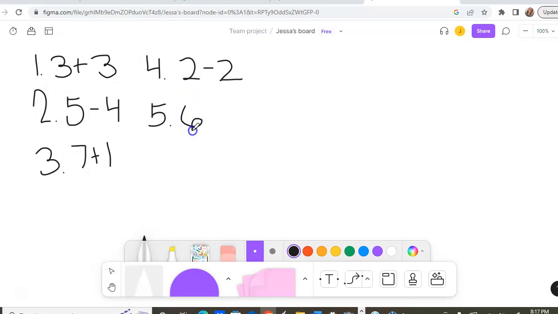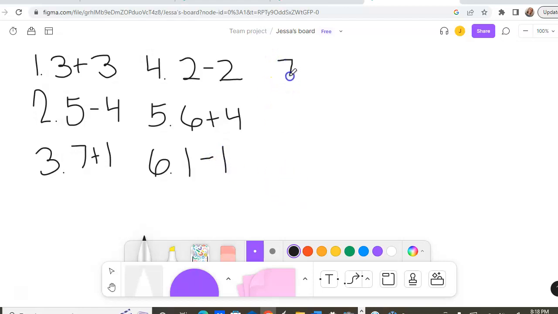We haven't done 6 yet. 6 plus, let's do 6 plus 4. Now for our sixth problem, we're going to do 1 minus 1.